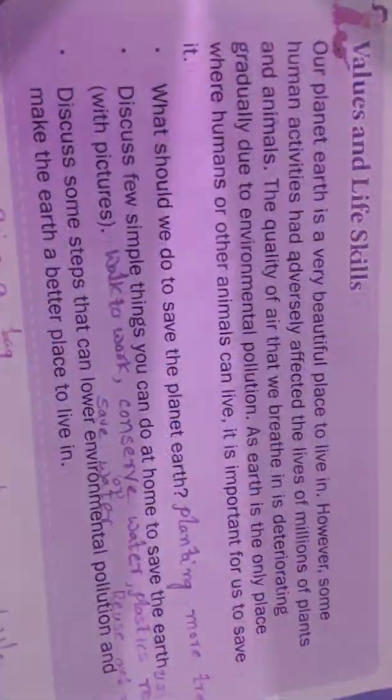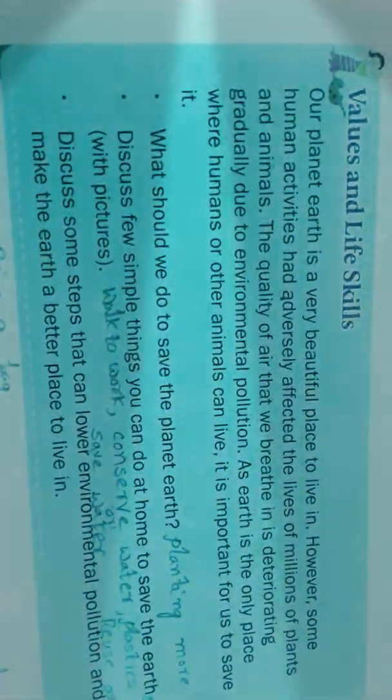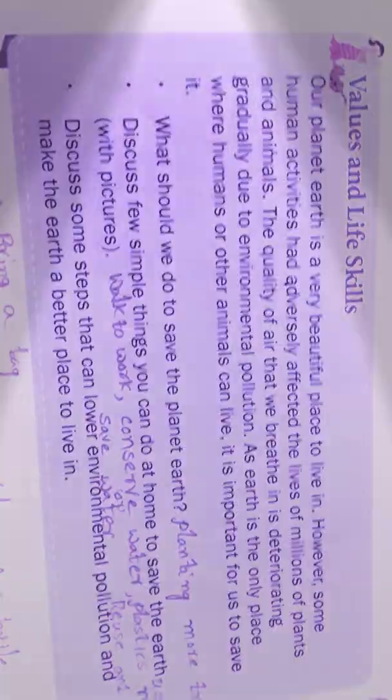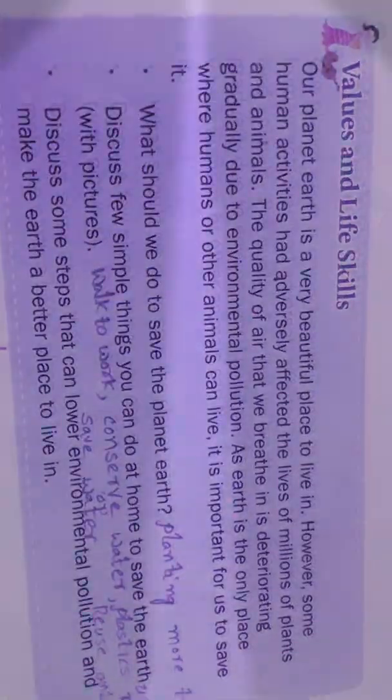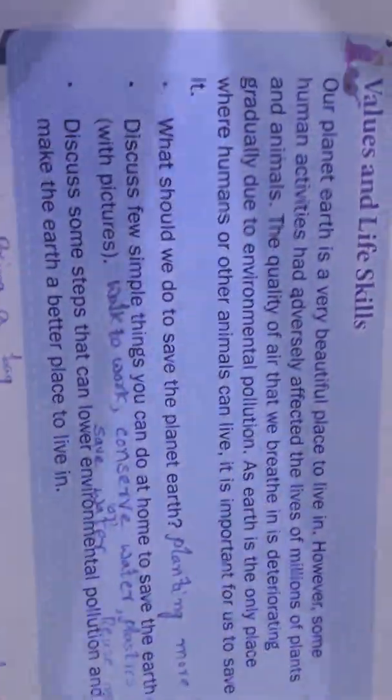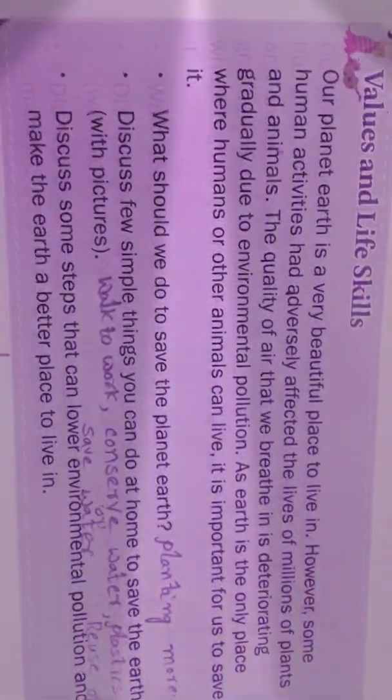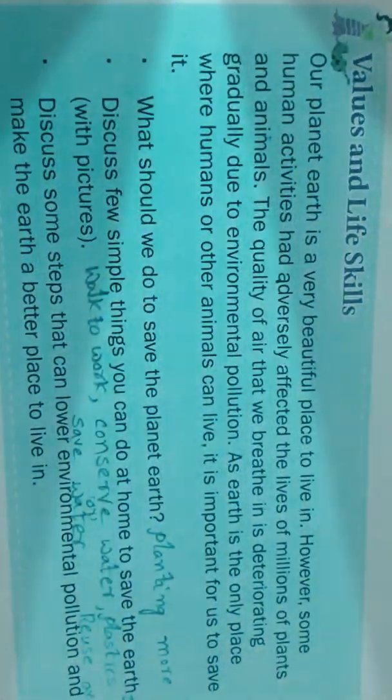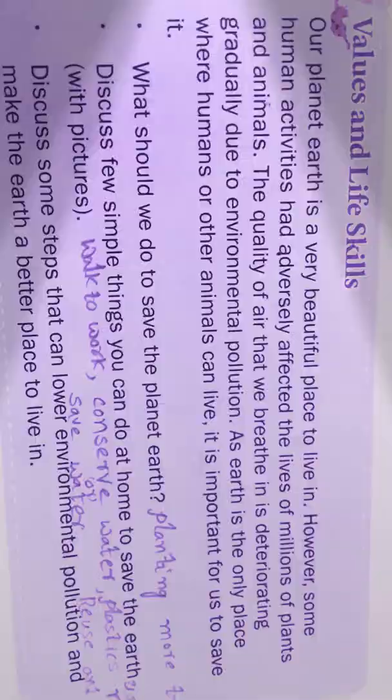Before you learn about the full characteristics of living things and non-living things, you have to learn about the important moral values and life skills. Here, take a look at what they have given. Our planet Earth is a very beautiful place to live in. However, some human activities have adversely affected the lives of millions of plants and animals.